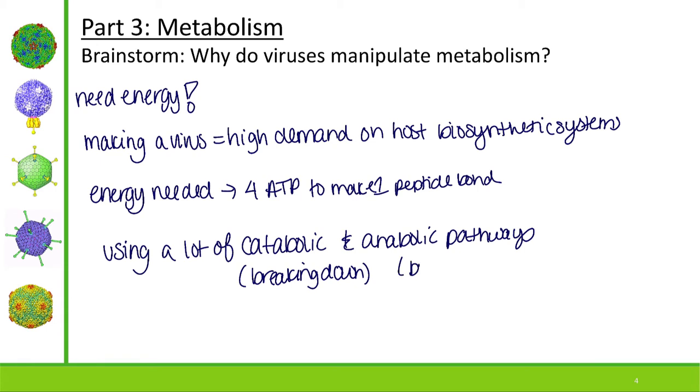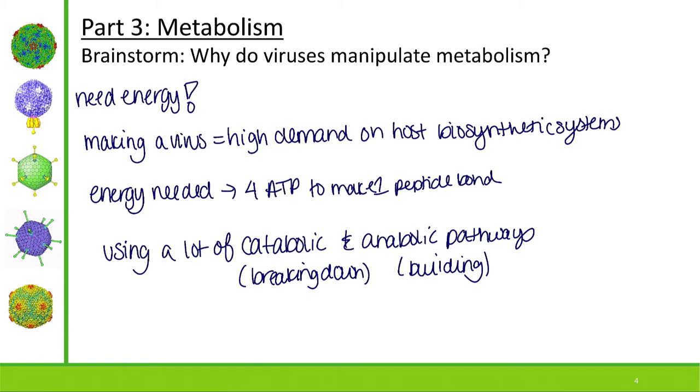And then anabolic is going to be building. And so of course, we're going to be building a lot of things, right? We're building nucleic acids, we're building proteins, we're building new fats for those envelopes for the viruses that are enveloped. So we're going to be making a lot of things as a host cell.